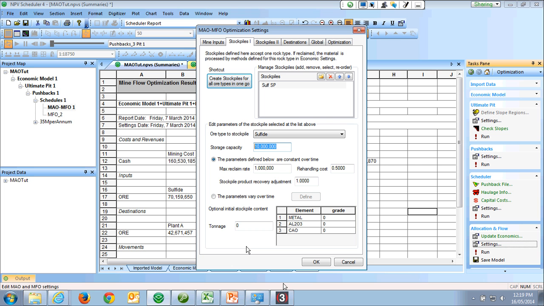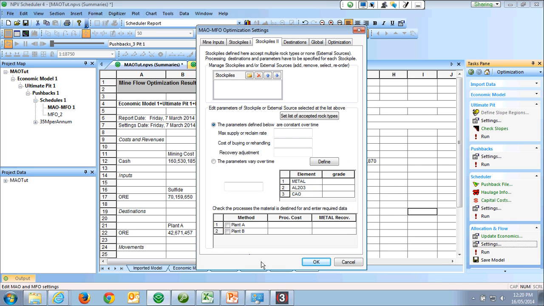The stockpile has a maximum size of 10 million and can feed the plant at a rate of 1 million tons per year. Because this is a mine that we're starting from the beginning, there is no material to start off in the stockpile, and with no material we have no initial grade in the stockpile. We have no complex stockpiles, so if we did, then we could set up where they would go.